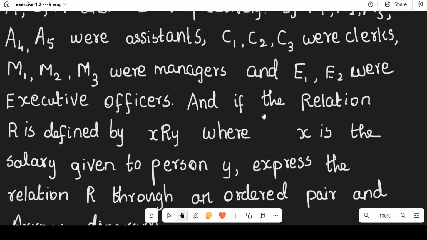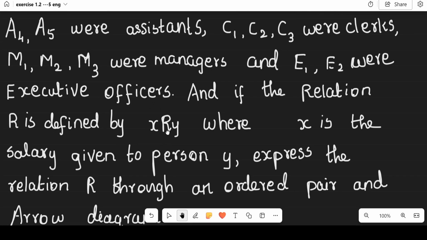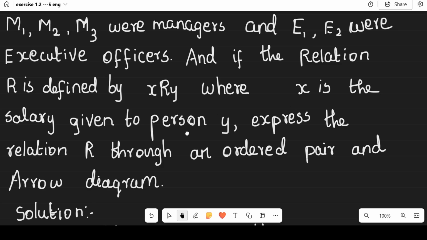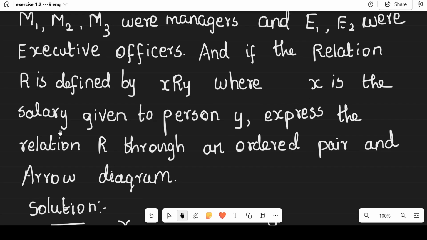So if the relation R is defined by X R Y, where X is the salary given to the person Y. Okay, listen carefully. X is the salary given to person Y. So here we have two sets. One is X and one is Y. X means salary. Y means the person.